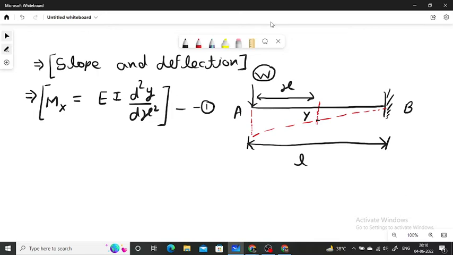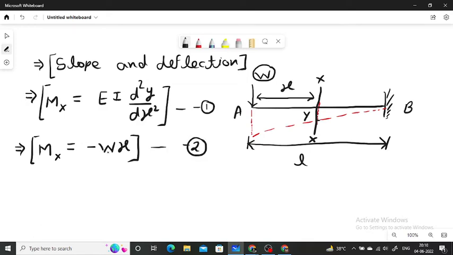Okay, we know that moment about the section XX, Mx will be equal to minus W into x, force into perpendicular distance, equation number 2.